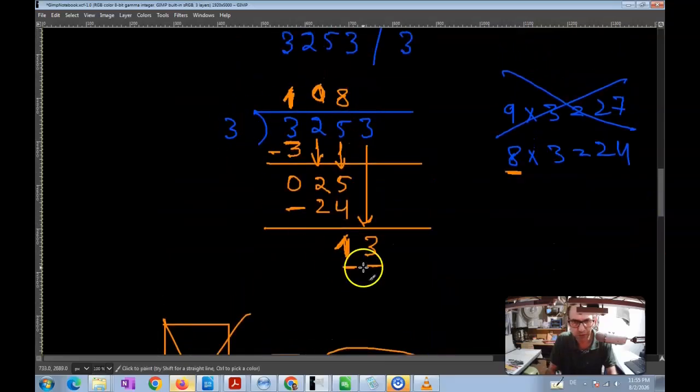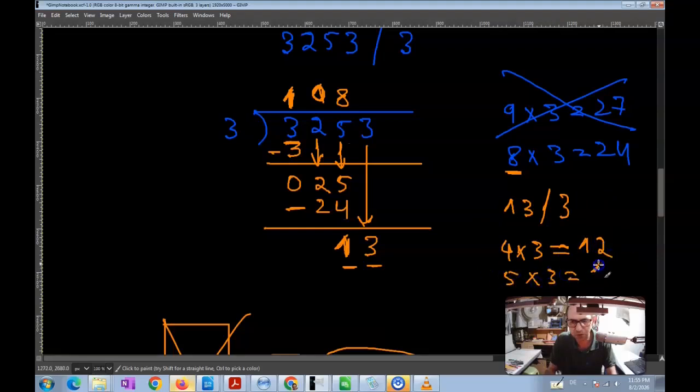So I ask the question, 3 goes into 13 how many times, which means what is 13 divided by 3? If I pick 4, 4 times 3 is equal to 12, and 1 remains. 5 times 3 is equal to 15, but since 15 is larger than this number, I cannot consider that operation. I have to go with this one.